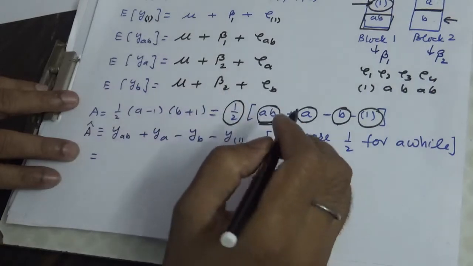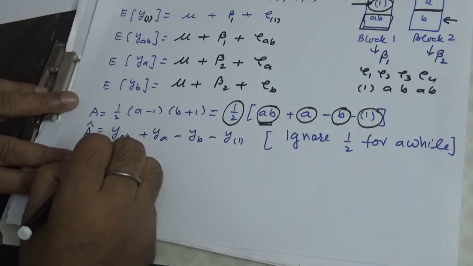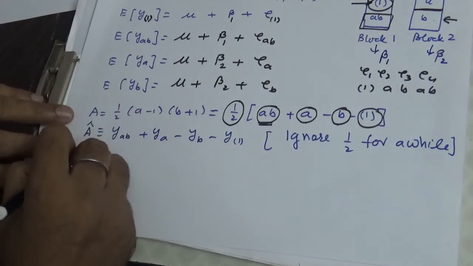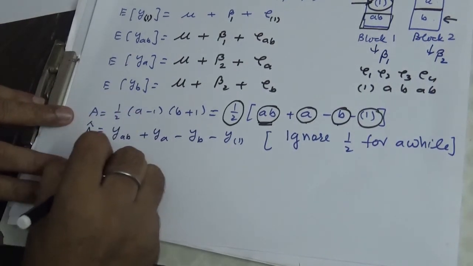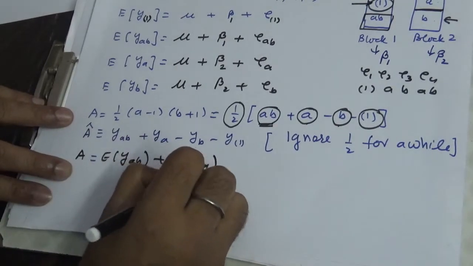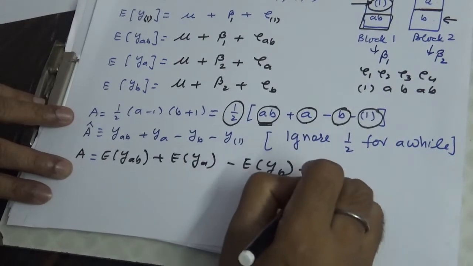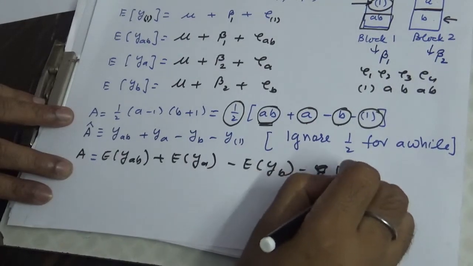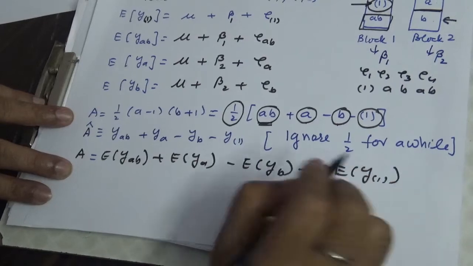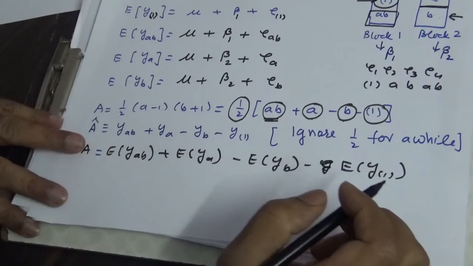So now if I try to simply write down here A is equal to expected value of YAB plus expected value of YA minus expected value of YB minus expected value of Y1. Yeah, that also can be done. That is more simple to understand.